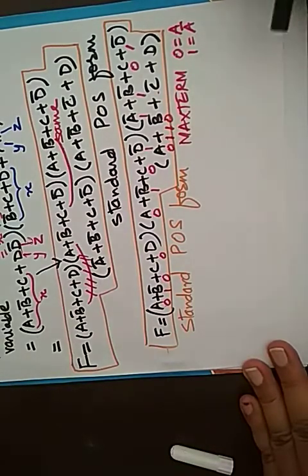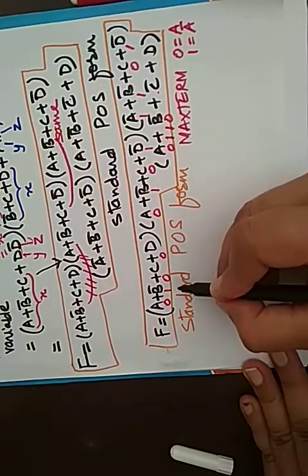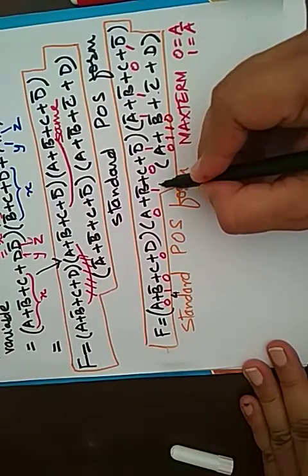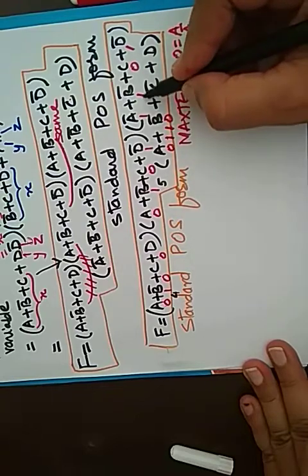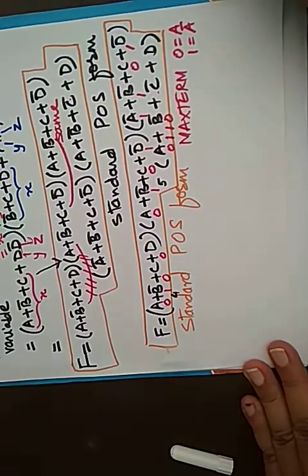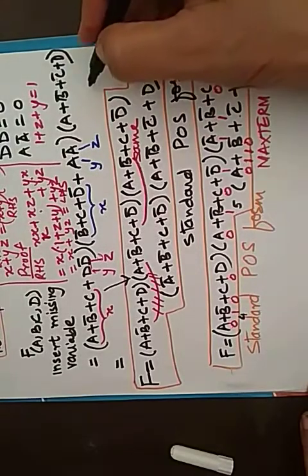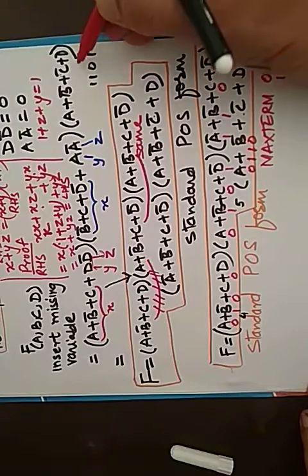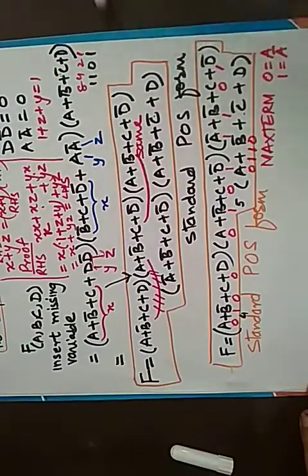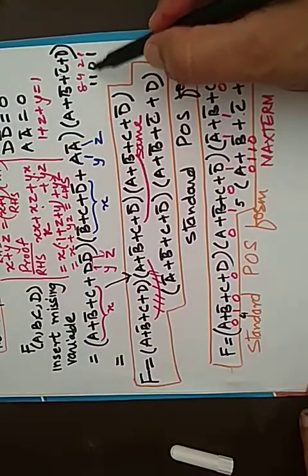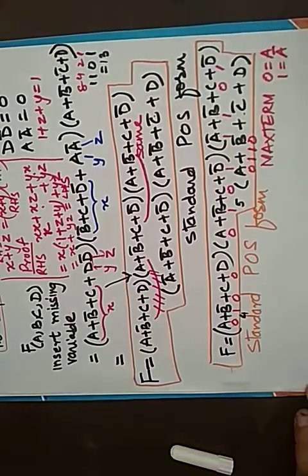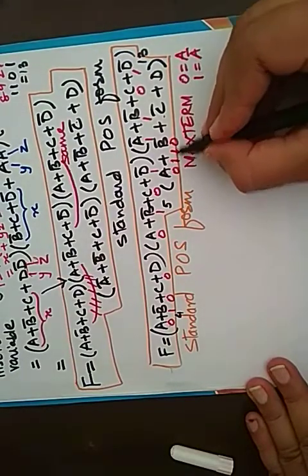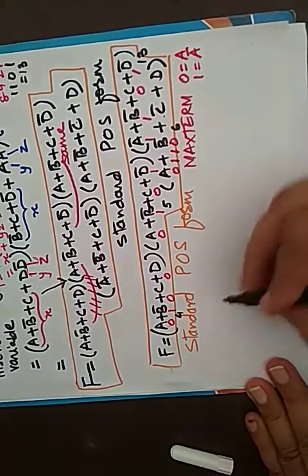Now if you see the values, this 0, 1, 0, 0 is 4, 0, 1, 0, 1 is 5, 1, 1, 0, 1. Do you remember what is 1, 1, 0, 1? By applying your rule of 1, 2, 4, 8, this is 8 plus 4, 12 plus 1, 13. So this is 13 and 0, 1, 1, 0 is 6.